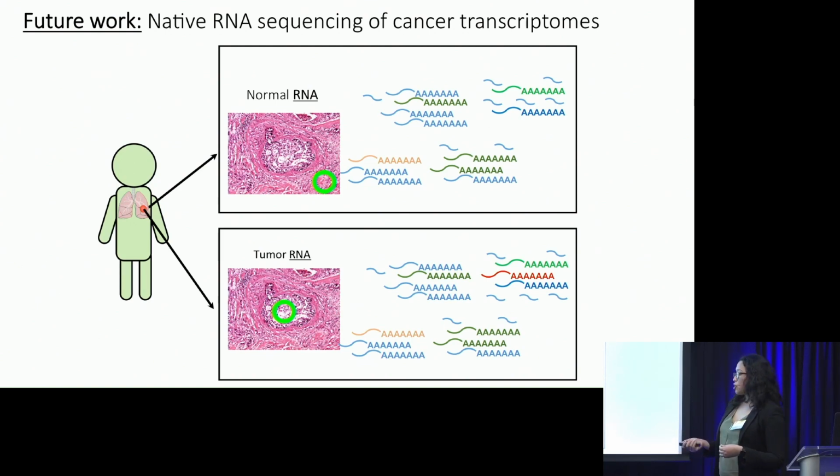But being able to actually use one sequencing platform with the long reads to get all of that information and get the full complete picture of what the output of the cancer cells are will be really powerful in identifying maybe new ways that the RNAs are altered in cancer. And so we're interested in, and this is definitely future work and a lot of work in progress to get to this point, but definitely this is what we're interested in doing in the future.